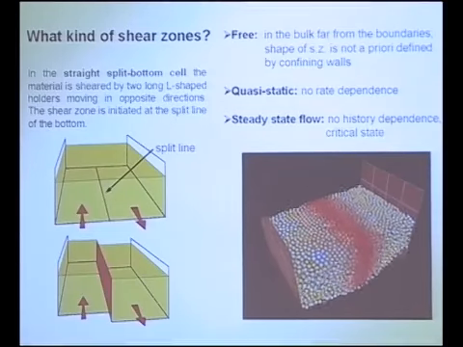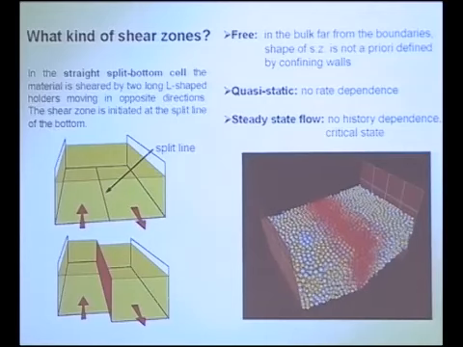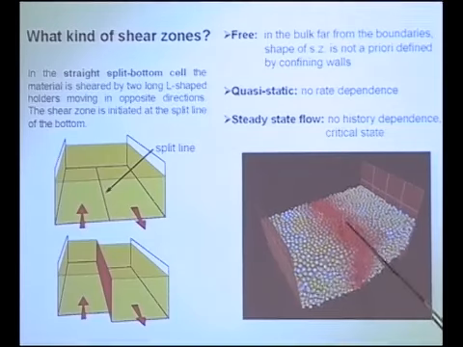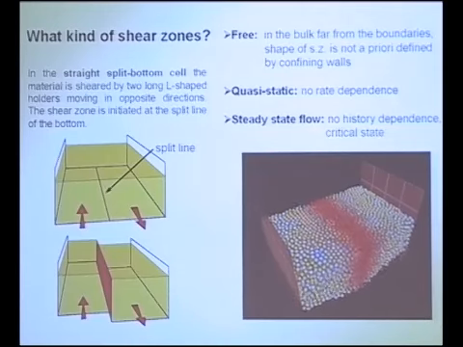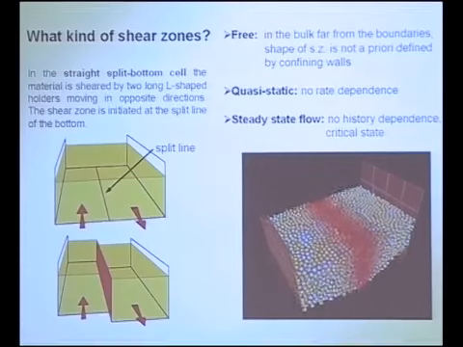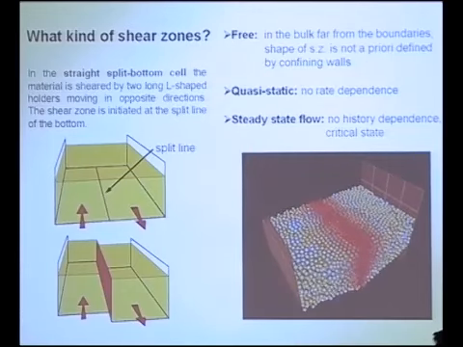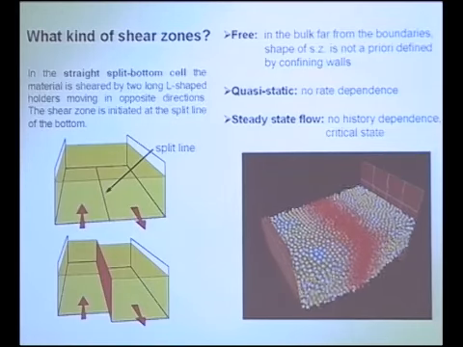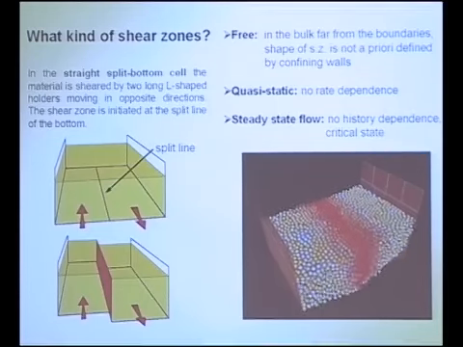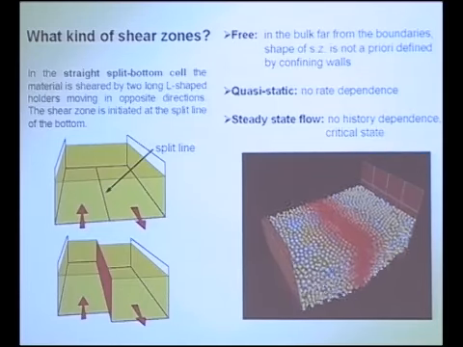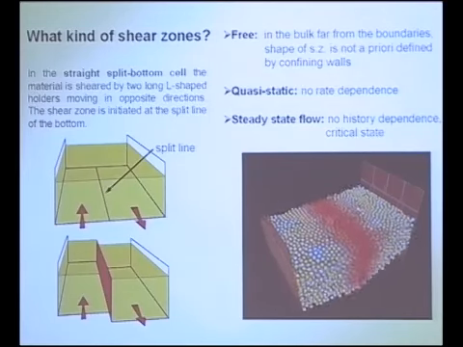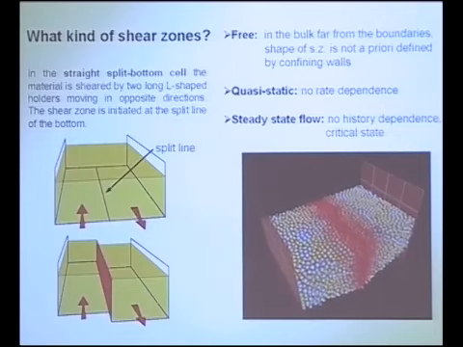The two different colors here mean nothing, but the red color is important. It means slow velocity. So when a grain gets stuck between the two moving regions, it gets red. So that's how you see the zone where the main shear deformation takes place.